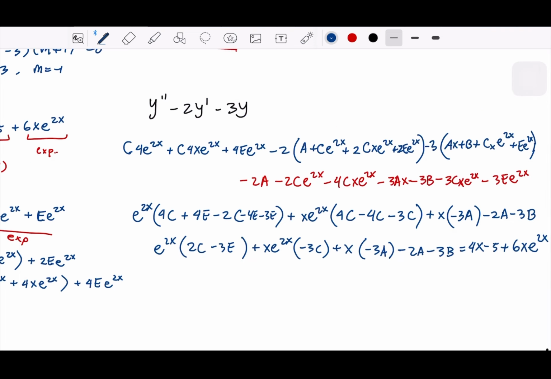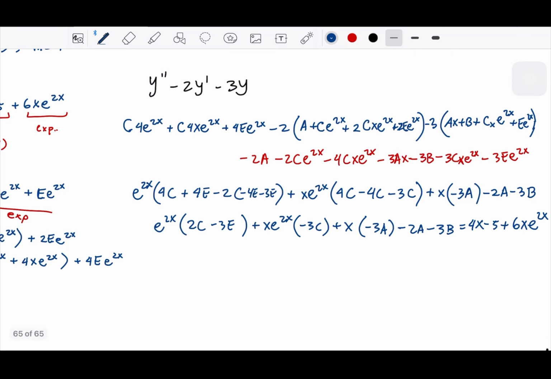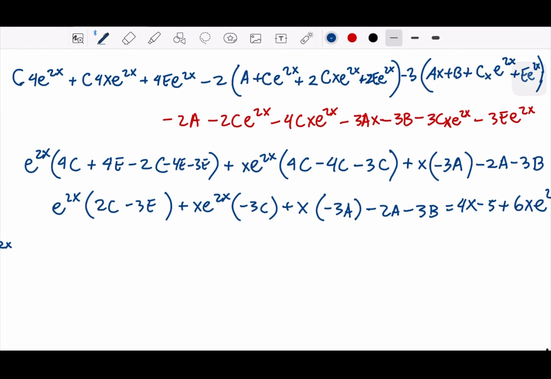Yeah, we can have. Okay, continue a little bit, just to finish off these questions. So using the structure equaling our equation, 4x minus 5 plus 6x e with power of 2x.